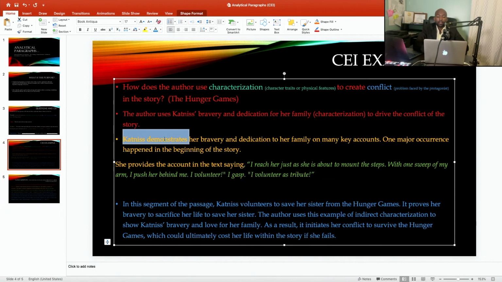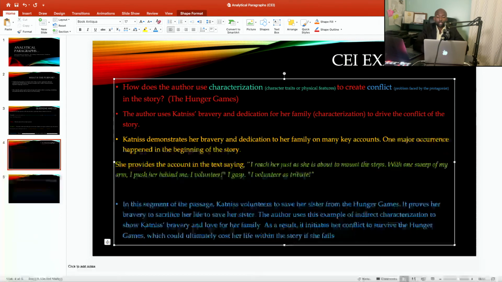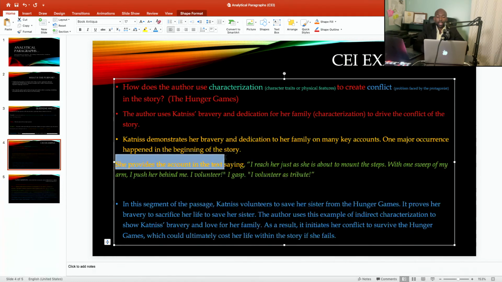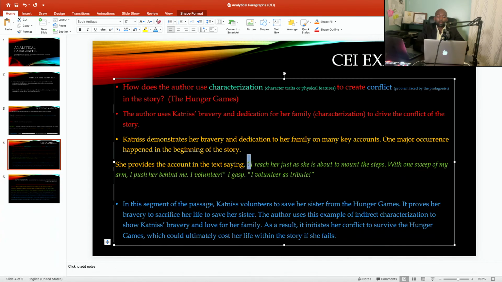It says Katniss demonstrates her bravery and dedication to her family on many key accounts. One major occurrence happened in the beginning of the story, so we're embedding it. She provides the account in the text saying. Now that we have embedded it and introduced it, here's the quote right here. I reach her just as she's about to mount the steps.